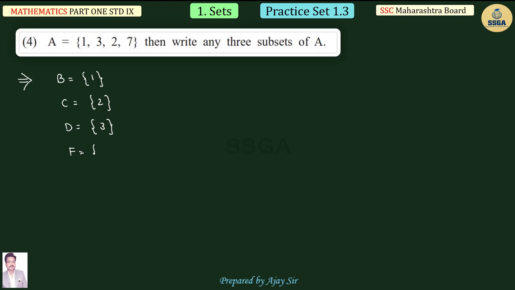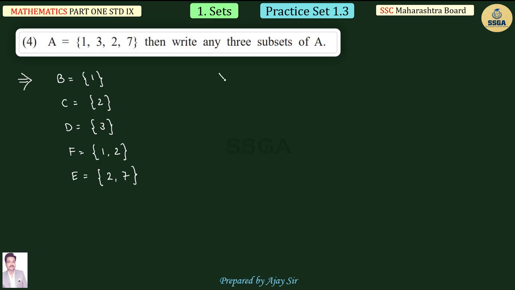F suppose 1, 2, E set suppose it contains 2, 7. Any possible combination you can write. So here only 3 possible combinations or 3 subsets are needed. Therefore you can write any possible.